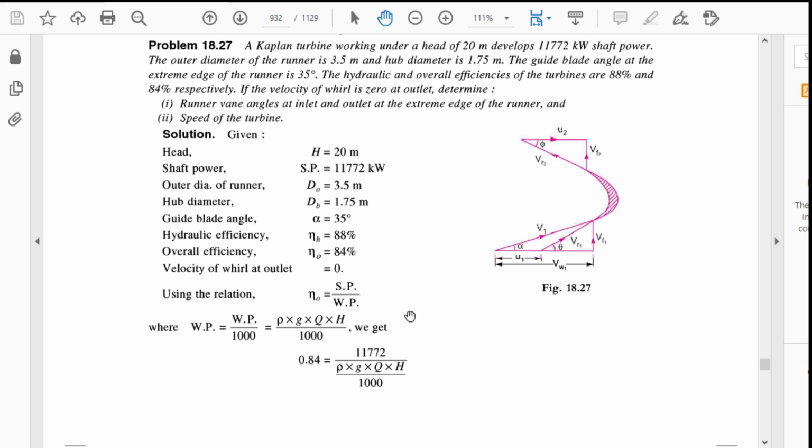firstly we have to find the value of discharge. For that, using the relation of overall efficiency, that is, shaft power divided by water power, we can find the value of discharge.